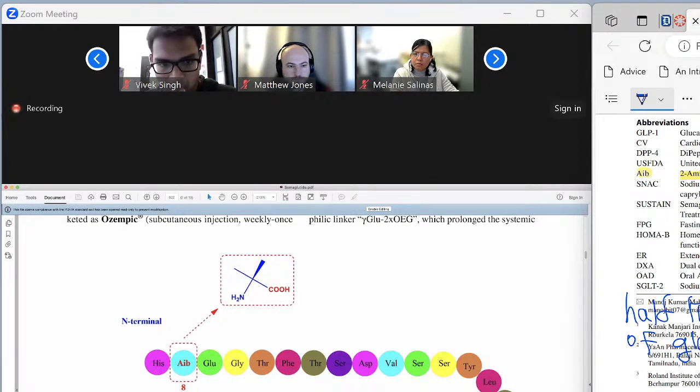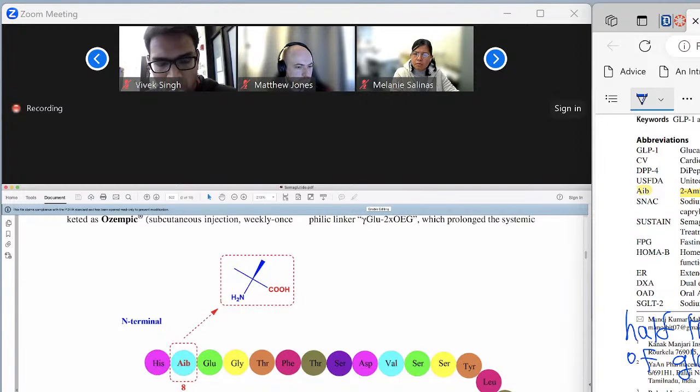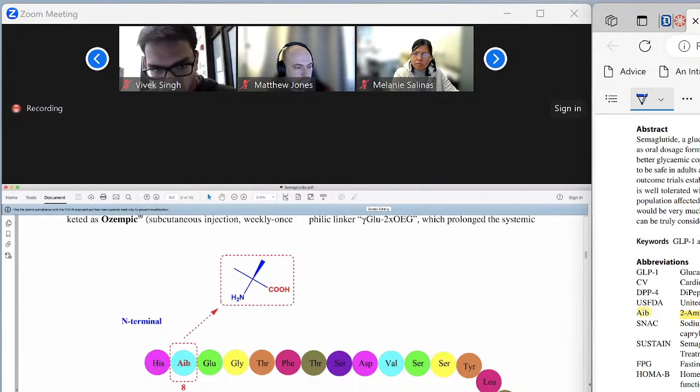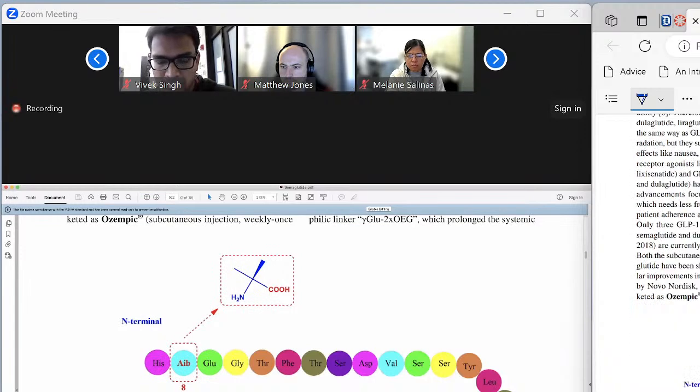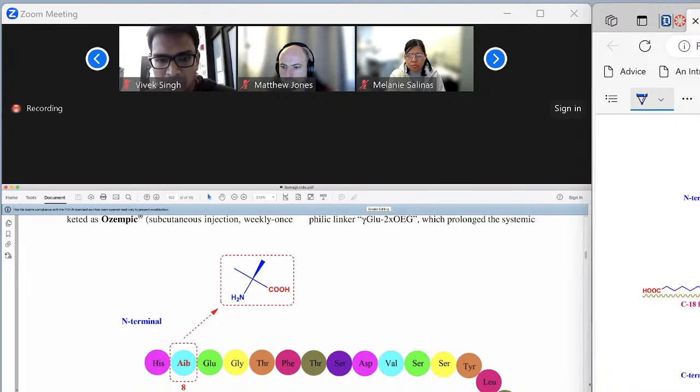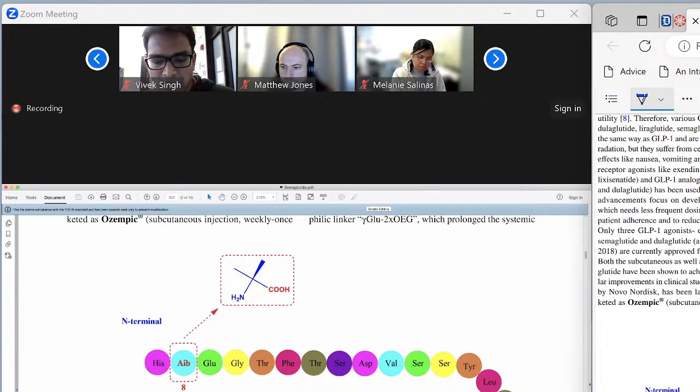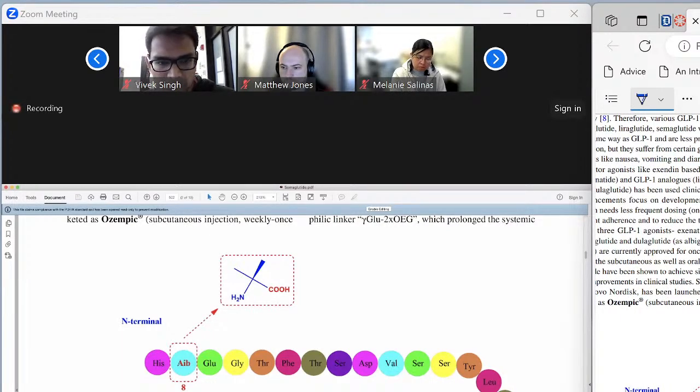linking to the fatty acid facilitates the binding of the peptide to albumin, which is the most abundant protein, circulating protein in the blood.